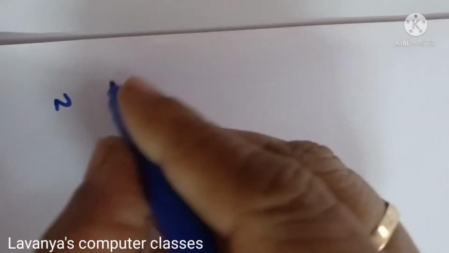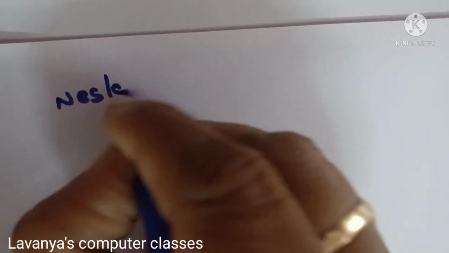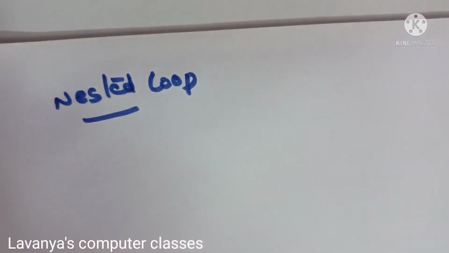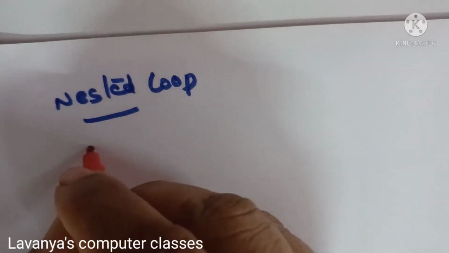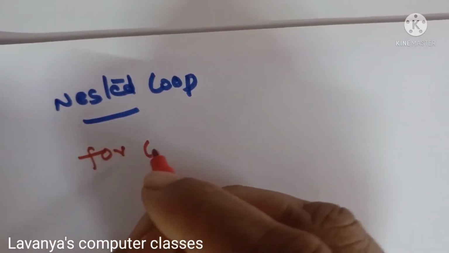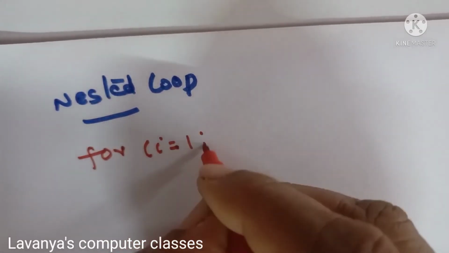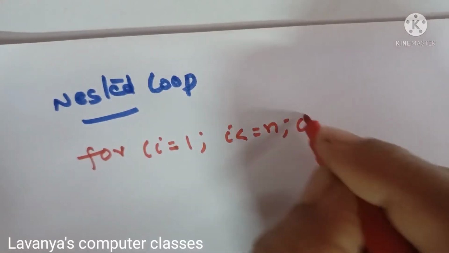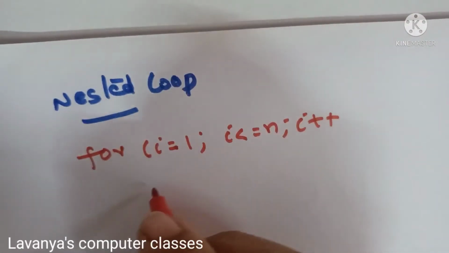Now we will explain nested loop time complexity. If the program contains any nested loop, what is the time complexity? How much time is taken for executing the nested loop? Nested loop means one loop contains another loop. So first I will take the first loop: for i equal to 1, i less than or equals to n, i plus plus. This is the outer loop.